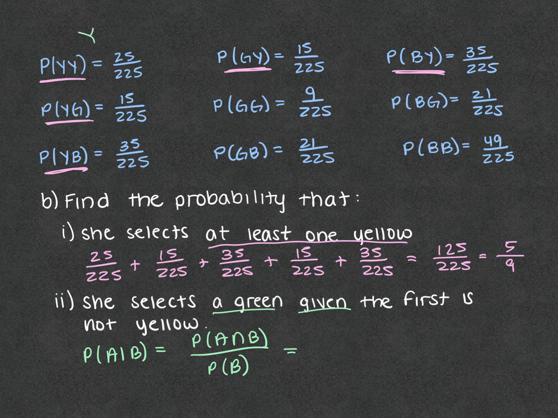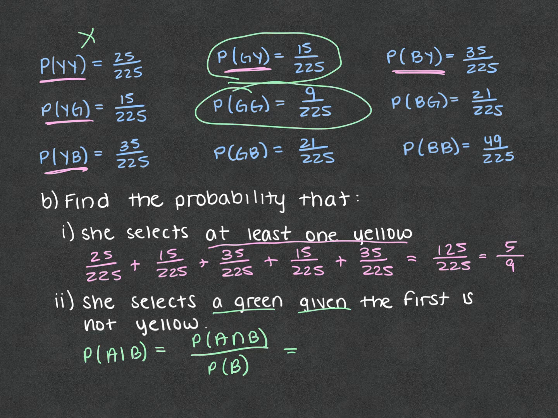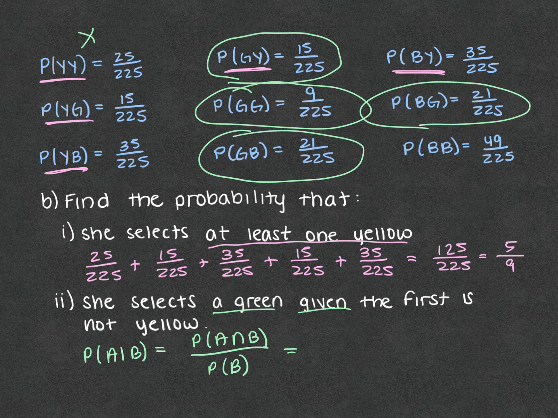So it can't be any of these options, because in all of those the first is yellow. A green and the first is not yellow would be here, here, and here, and also this one, okay?